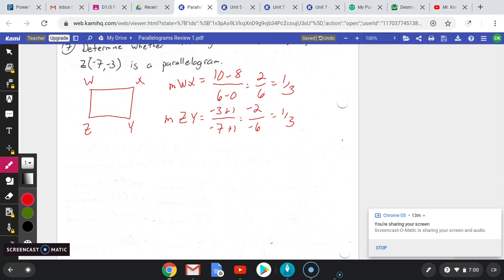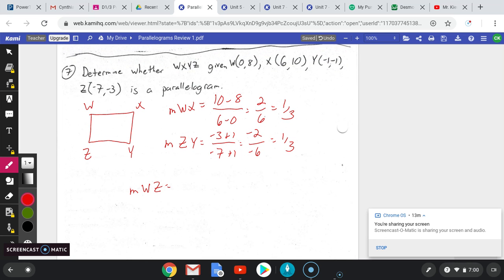So I try WZ. That would give me negative 3 minus 8 over negative 7 minus 0. So this would give me negative 11 over negative 7, which is 11 over 7. And then we try to find the slope of XY.